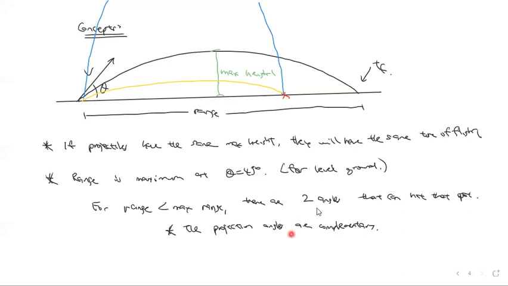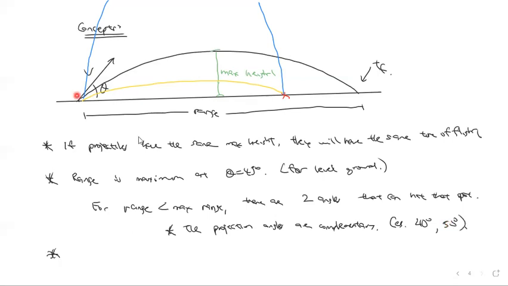So for example, 40 degrees, you can think of as, well, 90 minus 40 is 50. So 40 and 50 will give you the same range. Alternatively, 45 minus 5 is 40, 45 plus 5 is 50. Either way.